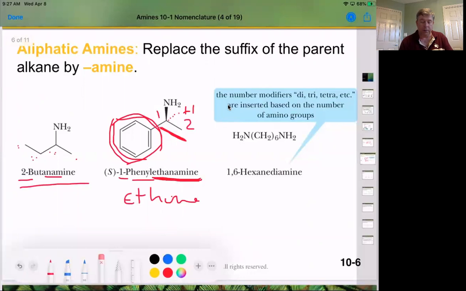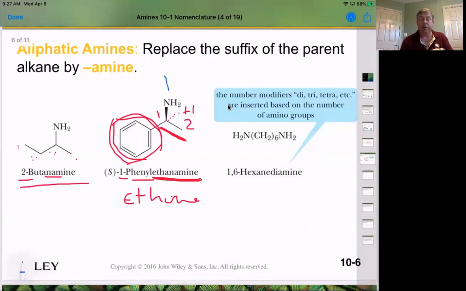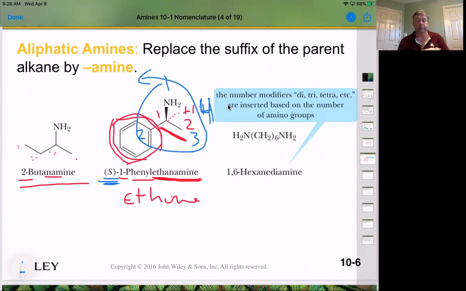So if we're talking about just the chiral priority here, our nitrogen is 1 because it's higher than carbon on the periodic table. This would be 2 because we have carbons bonded to multiple carbons. This would be 3 for the sake of the chirality priority. And this would be 4. So this is in the back and this is our hydrogen. So we have 1, 2, 3, which puts us counterclockwise, which gives us the S configuration, okay?